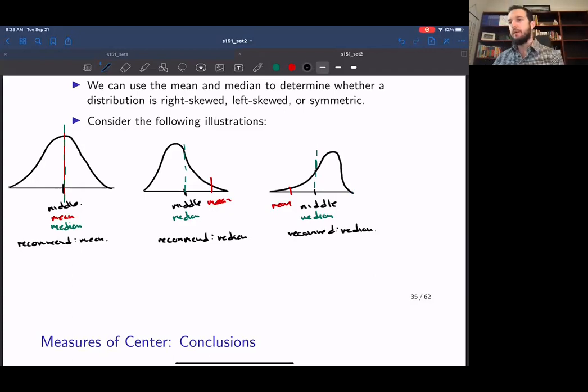That's again because when you have skewness, the median is the only value that actually falls at the center. The mean is getting pulled with the asymmetry or with the skew tail. But when you have symmetry, they sit on top of each other. So you can go with either value, but we typically recommend the mean because it is based off of all the values in the data set.